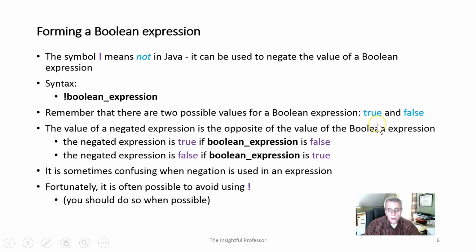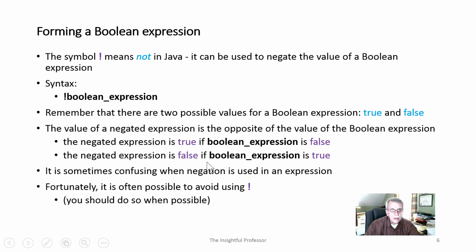The expression could evaluate to true or could evaluate to false. When we negate it, we're effectively taking the opposite value. So the negated expression becomes true if the actual Boolean expression to which we applied the not operator is currently false. Thus, not false is true. And likewise, not true is false.